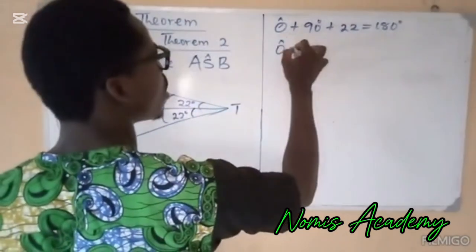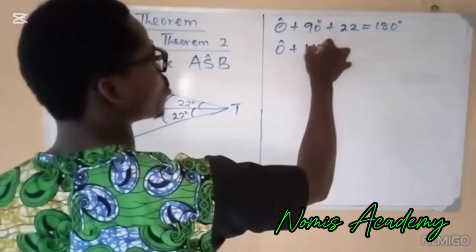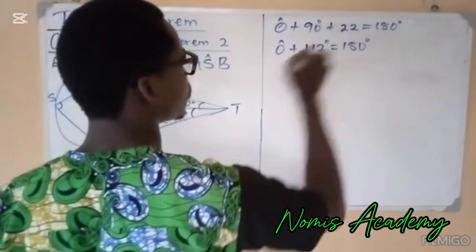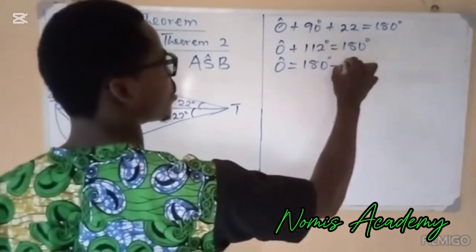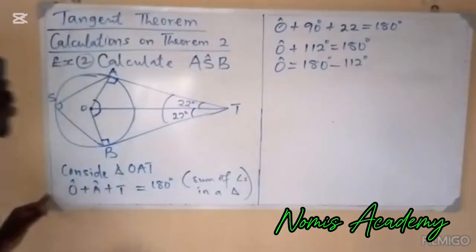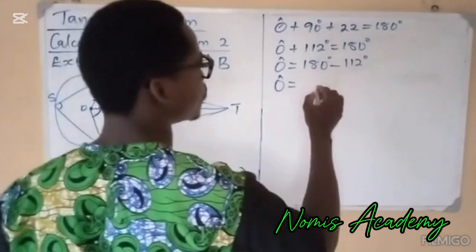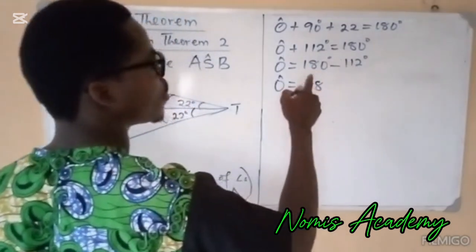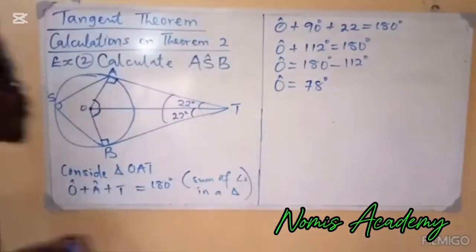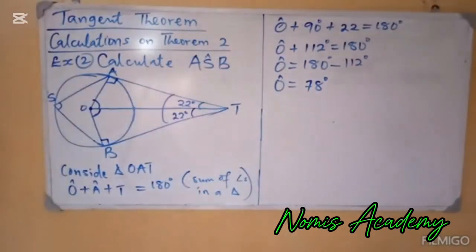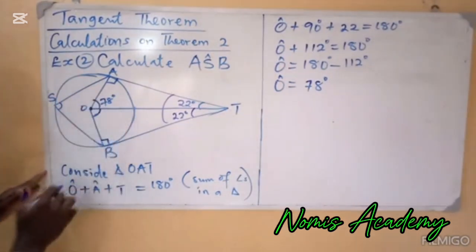So angle at O plus, summing these two up, that will give us 112 degrees equal to 180 degrees. So O is equal to 180 degrees minus 112 degrees, which is 68... that is, 78 degrees. Now that is to say this particular angle is 78 degrees.